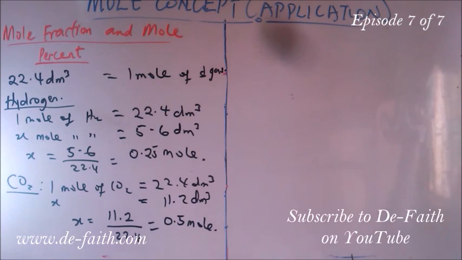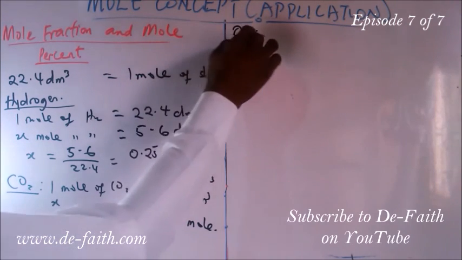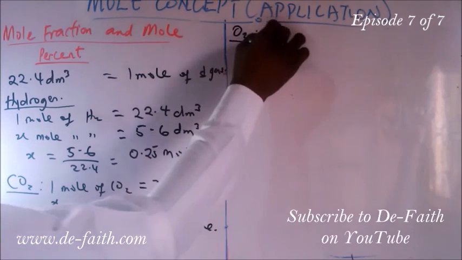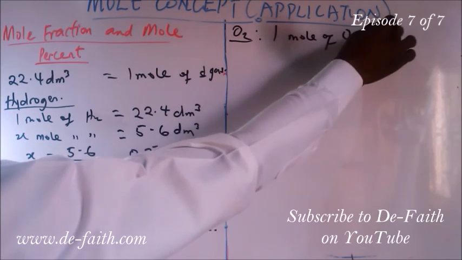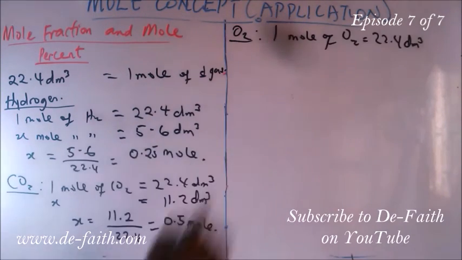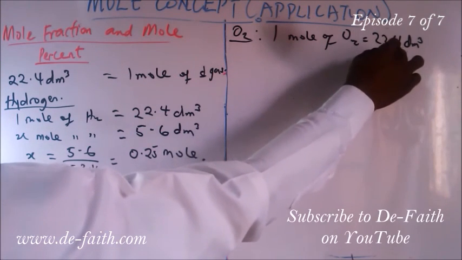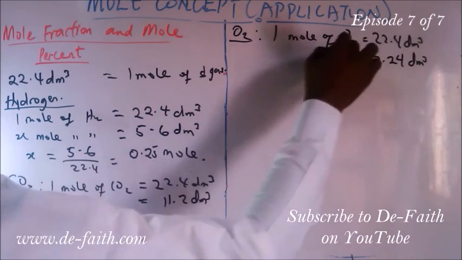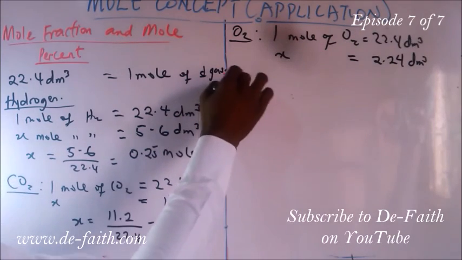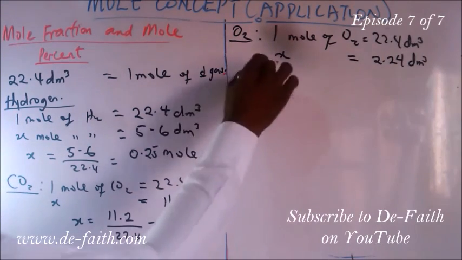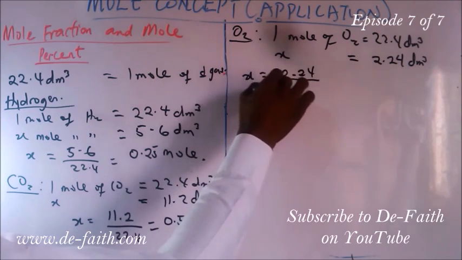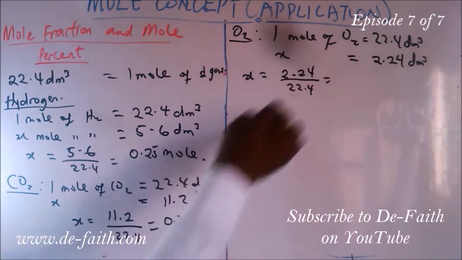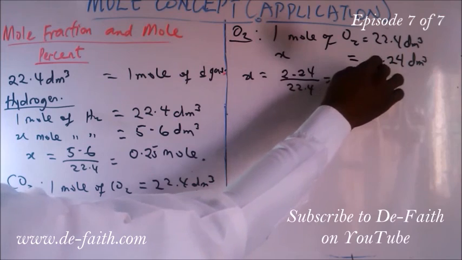And next, for oxygen, we are aware that 1 mole of oxygen will give 22.4 dm cubed. Hence, what will 2.24 dm cubed be? What will be the number of moles? So we have it that x equals 2.24 over 22.4, and that will give 0.1 mole.